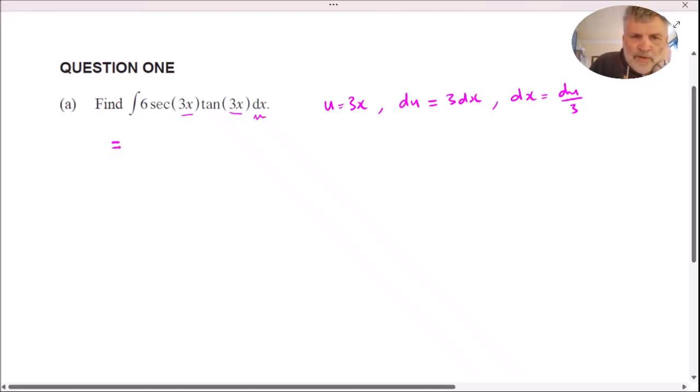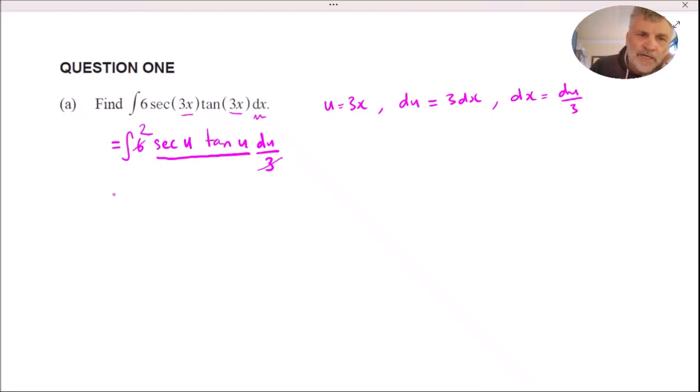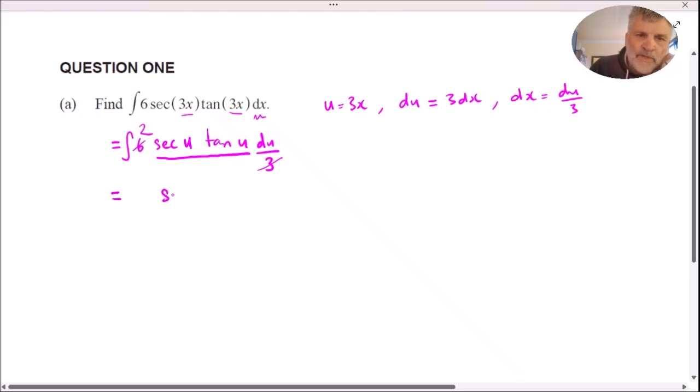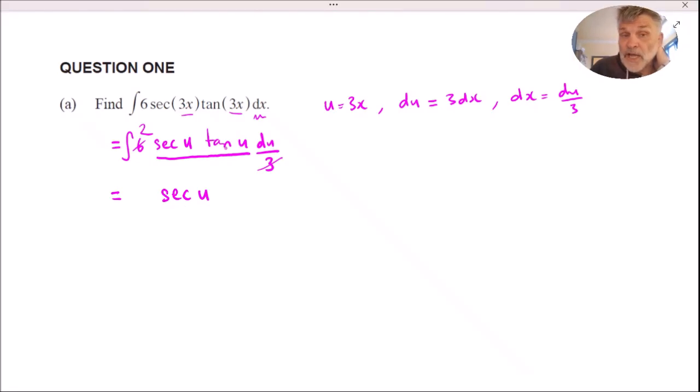So our integral becomes the integral of 6 sec u tan u, with dx being du over 3. Well, 3 goes into 6 twice. And you need to recognize that sec u tan u is a standard integral: differentiating sec u, you get sec u tan u.